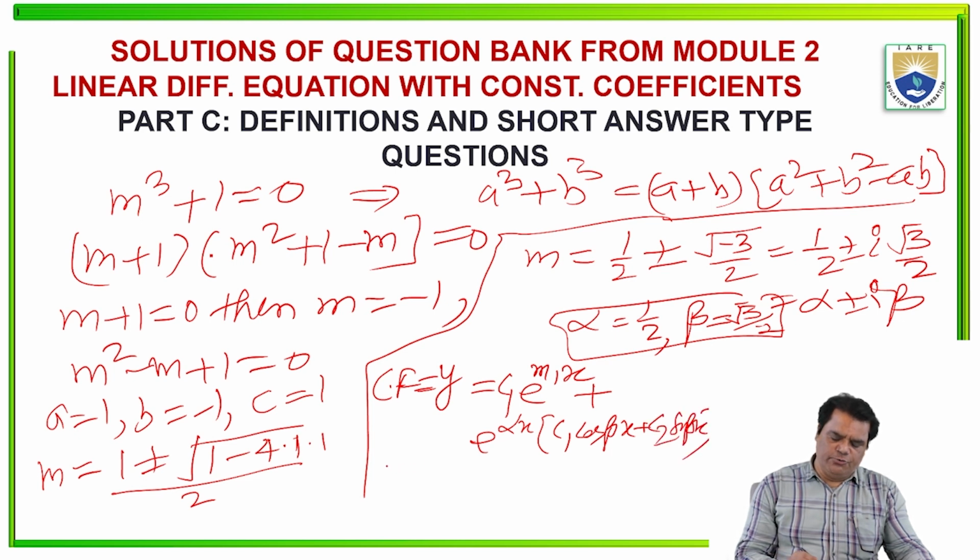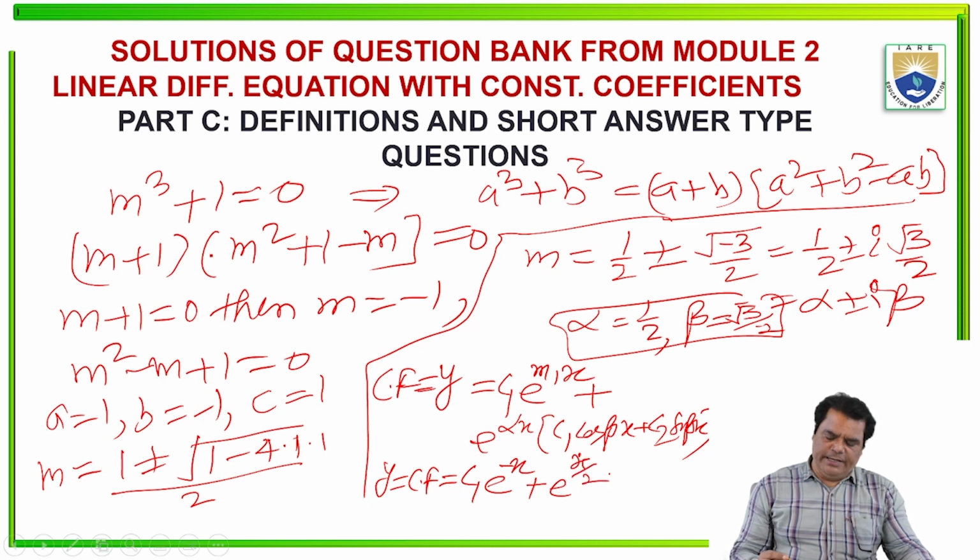So now y is CF only: C1 e to the power minus x plus e to the power alpha x (C2 cos root 3 by 2 x plus C3 sin root 3 by 2 x).